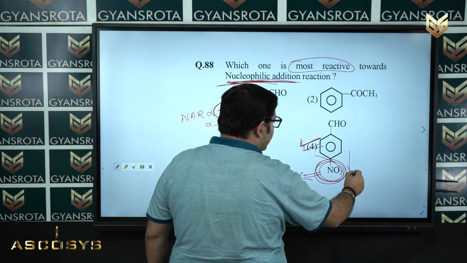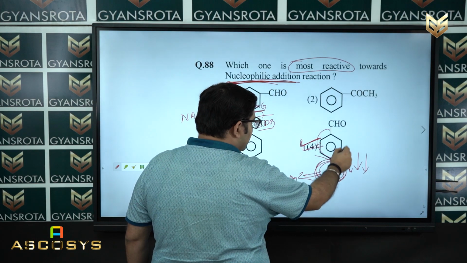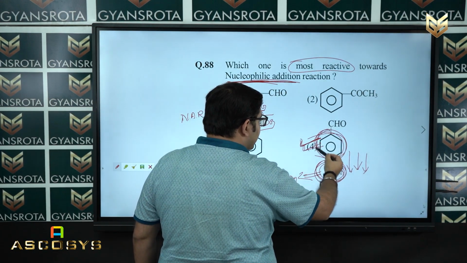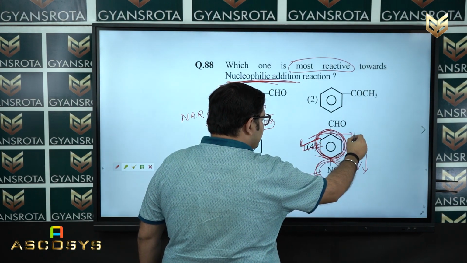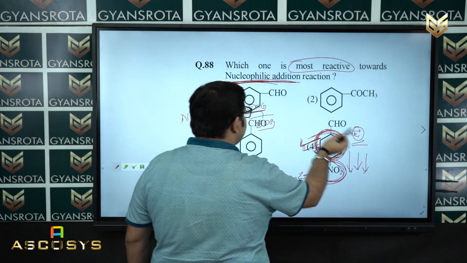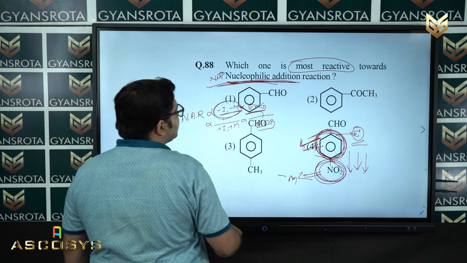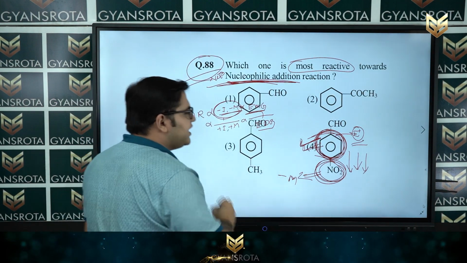It will pull the electrons towards itself. As a result, the electron density will decrease on this ring. If the electron density decreases in this ring, it will be a good electrophile. When it is a good electrophile, it will be easily attacked by our nucleophile. So, option number 4 is the correct answer of your question number 88.